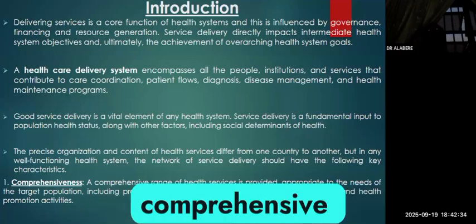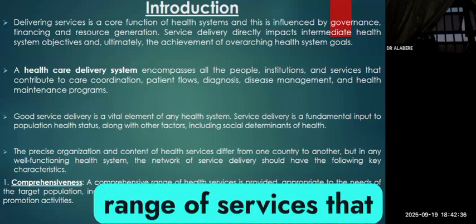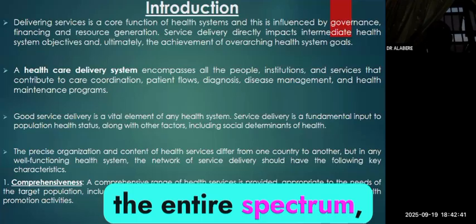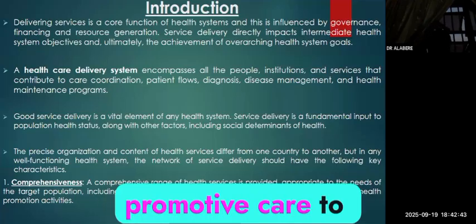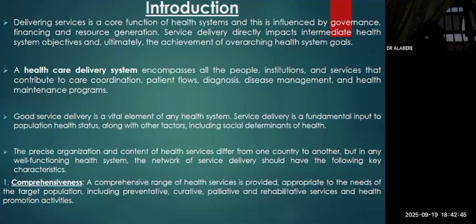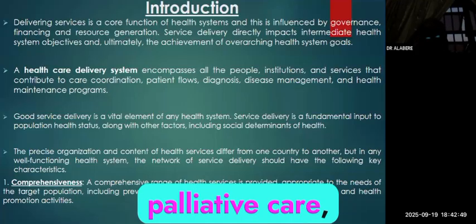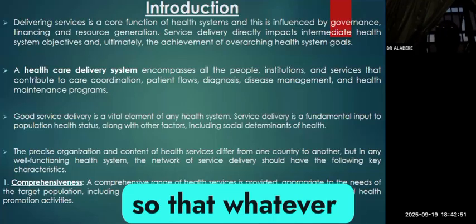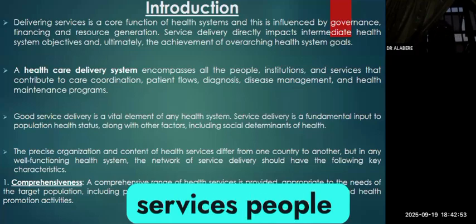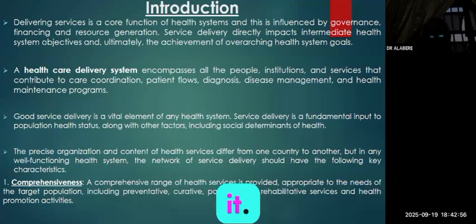What do we mean by comprehensive service? You should have a range of services that cover the entire spectrum, starting from promotive care to preventive care, curative, rehabilitative, and palliative care, so that whatever services people require, they can get it.